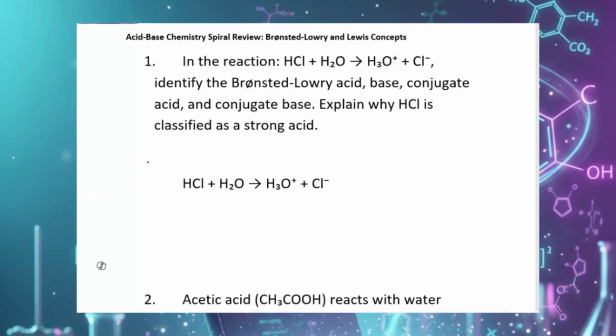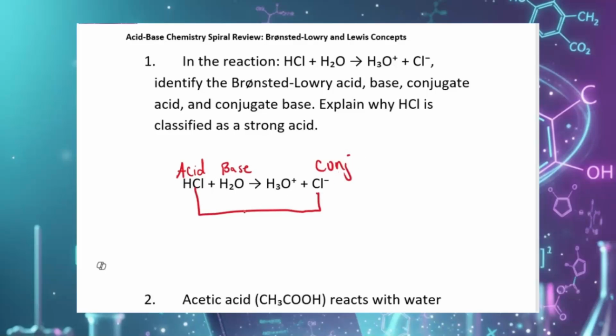So right here, if I know that HCl is an acid, then guess what? Water is a base. Then I look for the one that looks like it on the opposite side, and that one is going to be the conjugate of the other thing.